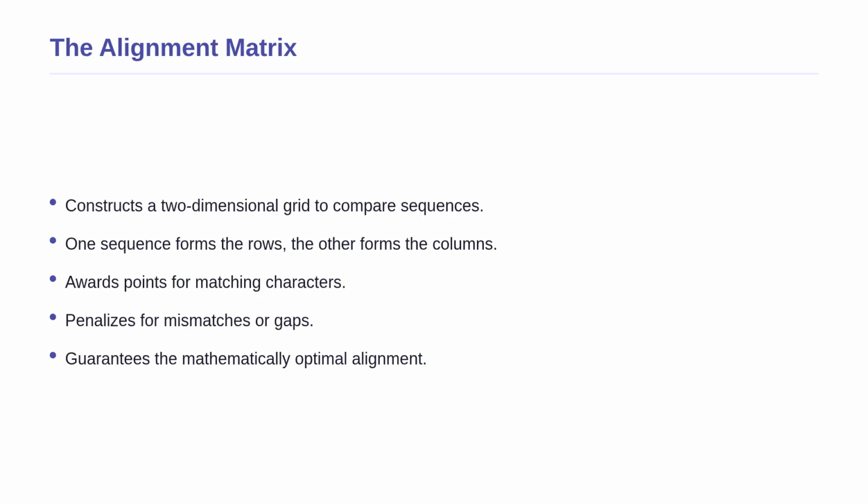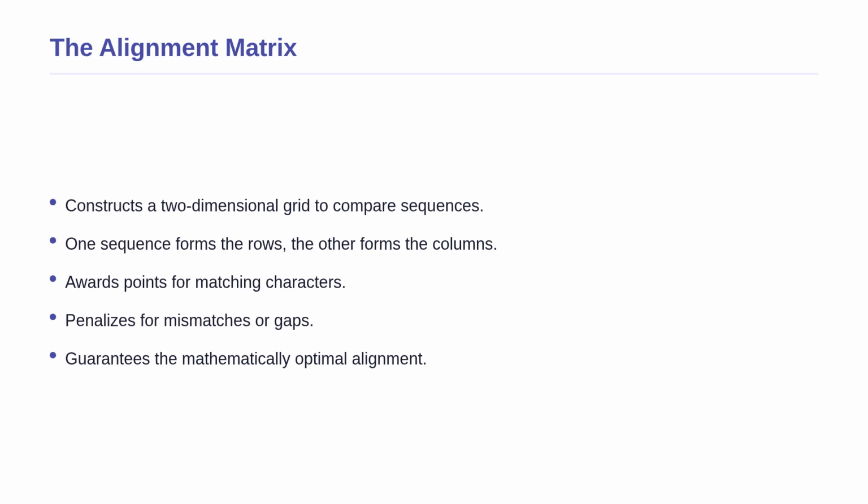Now that we understand the basic idea, let us look at how it works in computational biology. Dynamic programming finds the mathematically optimal alignment between two biological sequences, like DNA or proteins, by constructing a two-dimensional grid, or matrix. One sequence represents the rows, and the other represents the columns.